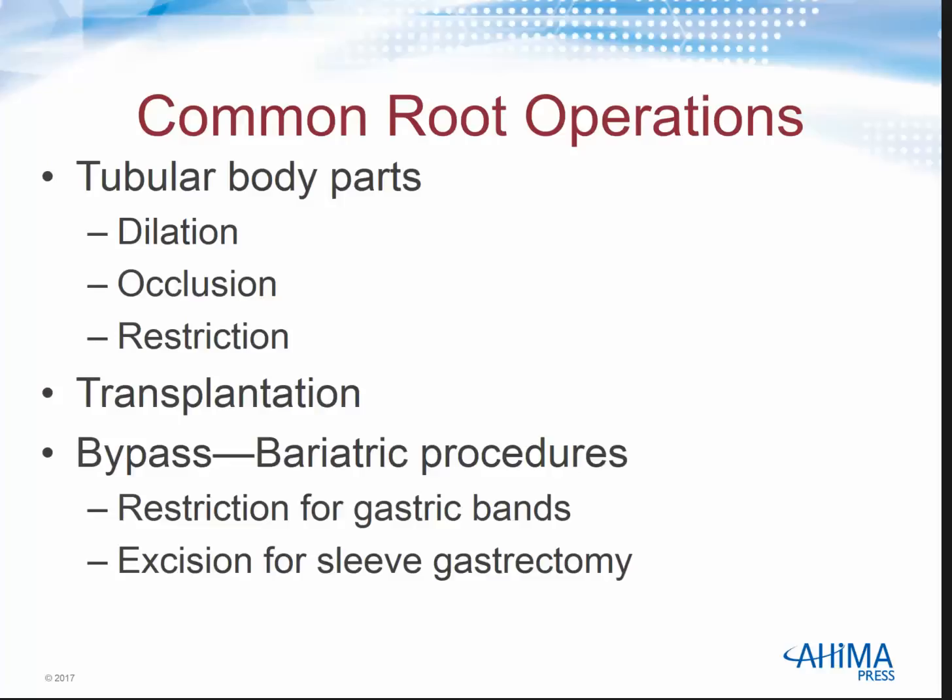There are 3 common root operations. That doesn't mean other root operations aren't used. That just means these are the ones that come up a lot in ICD-10-PCS coding for GI. So those are dilation, occlusion, and restriction. Also, bypass is a root operation that can be applied when patients have bariatric procedures.